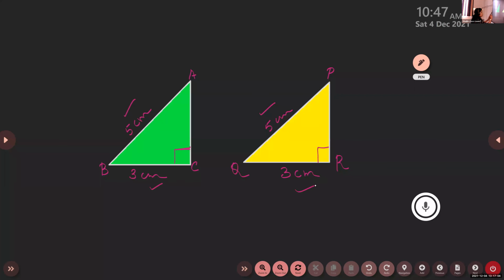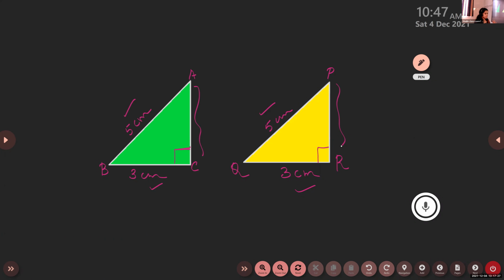Okay, you need not measure the third side. It is not compulsory to measure the third side. If these two conditions are okay, that is, the hypotenuse should be same and one more side should be equal, then you can say that they are congruent. Because right triangle means one angle will be 90 degrees, isn't it?